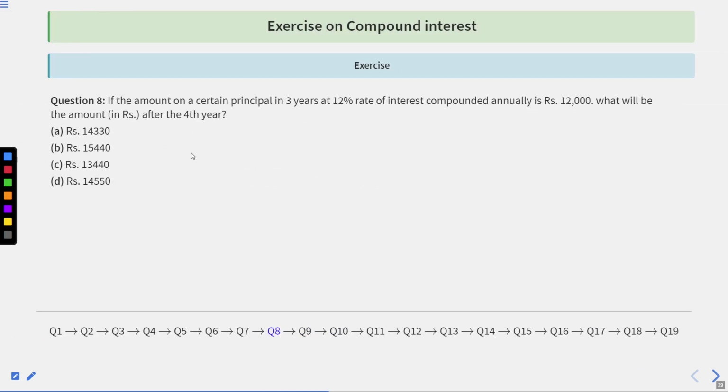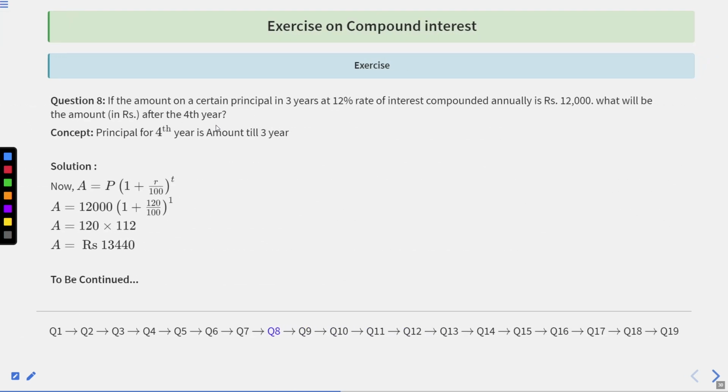Question number 8. If the amount on a certain principal in 3 years at 12% rate of interest compounded annually is 12,000, what will be the amount in rupees after the 4th year? So the concept that will be used here is that the principal for the 4th year is the amount till the 3rd year.